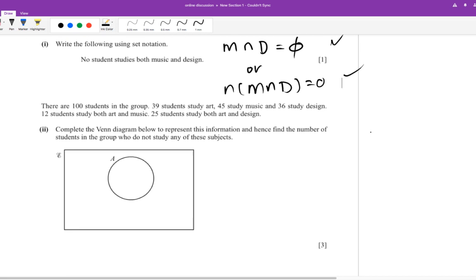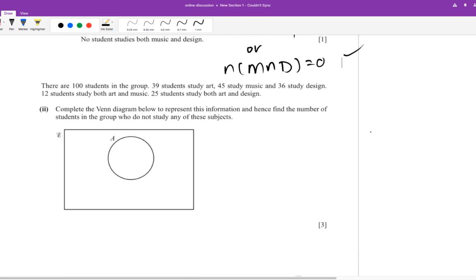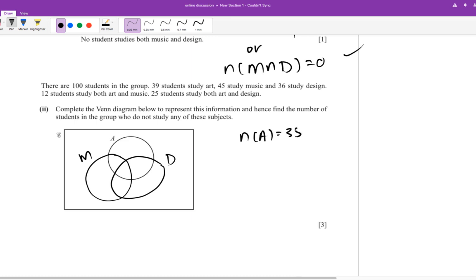Okay, so there are 100 students in a group. 39 students study art, 45 students study music, and 36 students study design.